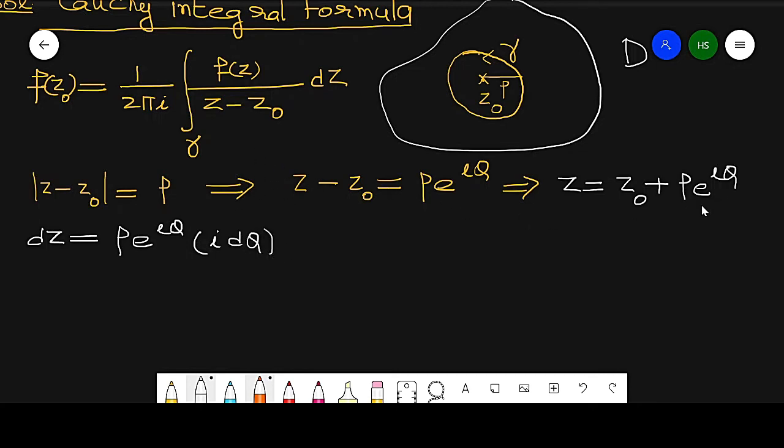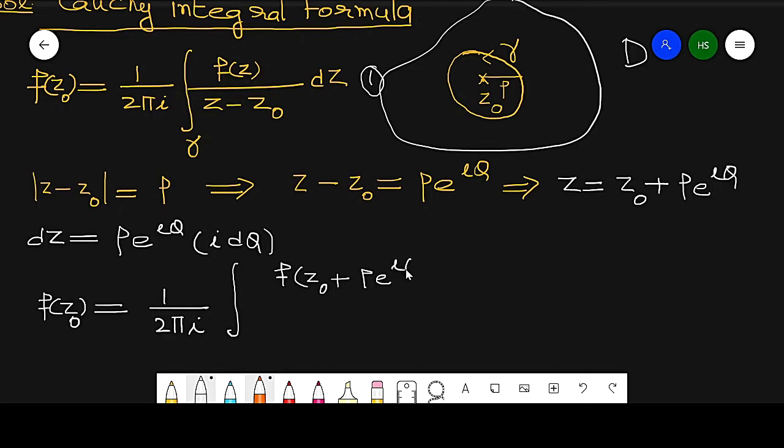Now substitute all these values in this equation. Suppose this is equation number 1. So what we get is f of z naught equal to 1 by 2 pi iota integral around gamma, and we will change the limit after that. What is the value of z? It is z naught plus rho e raised to power iota theta.